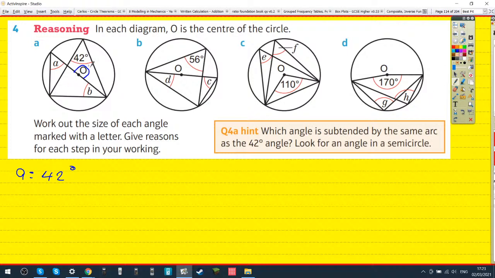So the angle at the center is 180. Yeah. So what about the angle at the circumference? This will be half. So this one is 90. Okay, so 90 degrees. And so how do we get B?